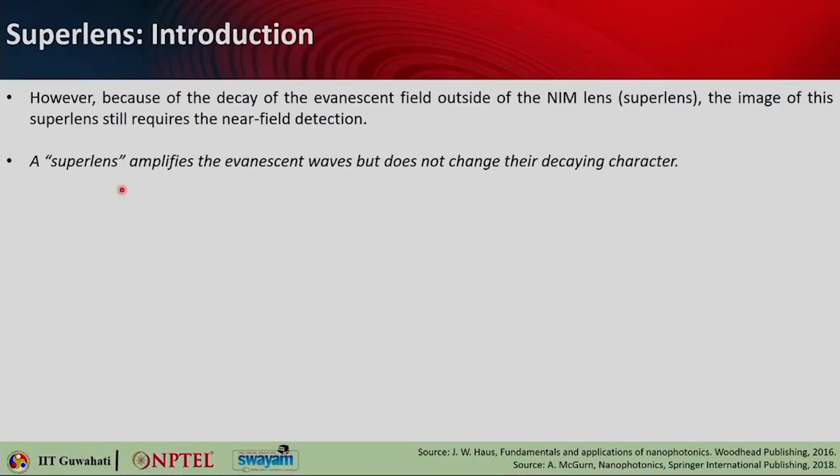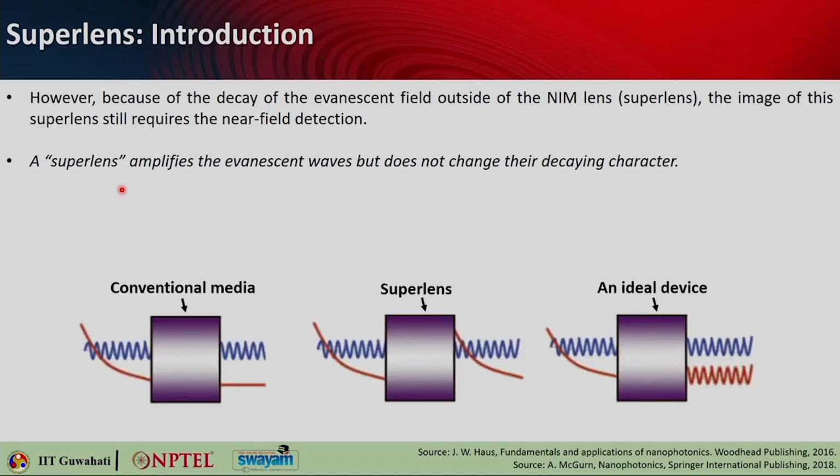So, the super lens does one good thing: it can amplify and extend the evanescent field, but it cannot change the decaying characteristics. If you put conventional media, the normal lens that you see every day, they do no good to the evanescent waves. Super lenses magnify the evanescent waves, but outside that they again decay.